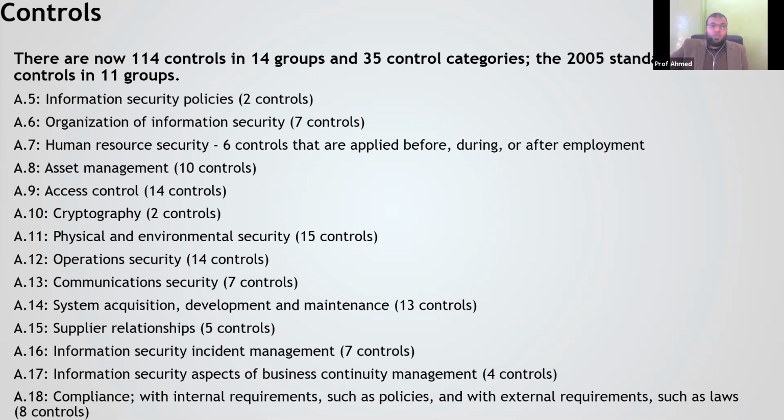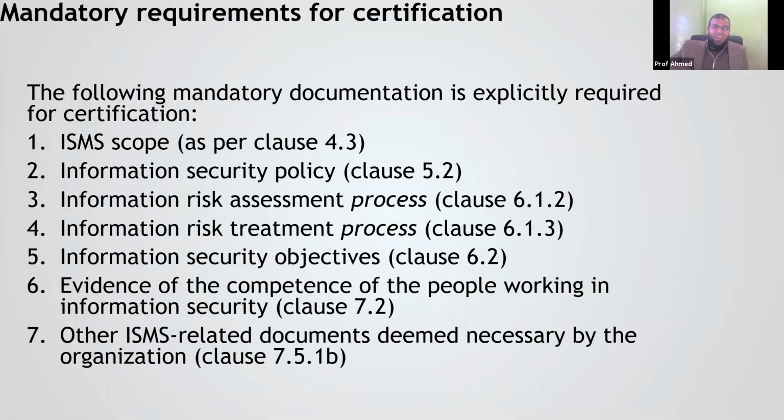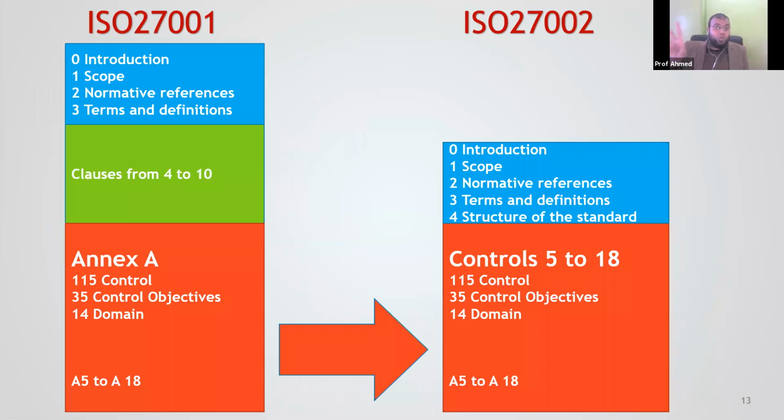Here is a very important question. Do you know why it starts with A5? Why does the annex start with A5? Where are A1, A2, A3, and A4 before this 5? To answer this, you need to understand the relationship between ISO 27001 and ISO 27002.